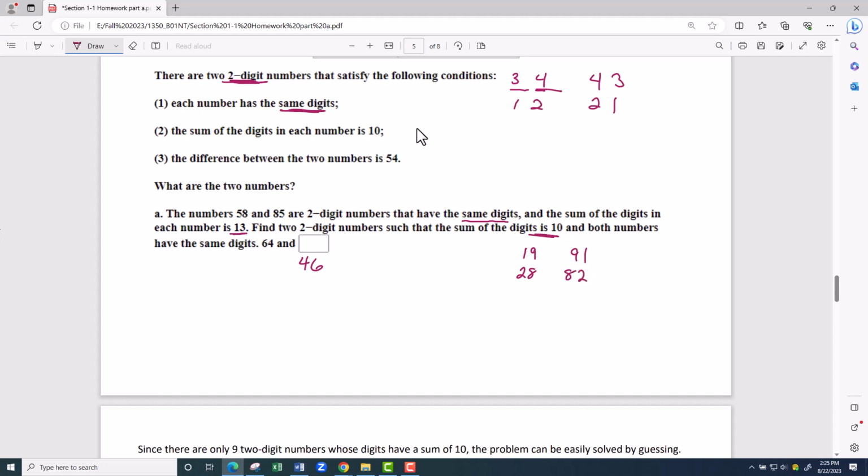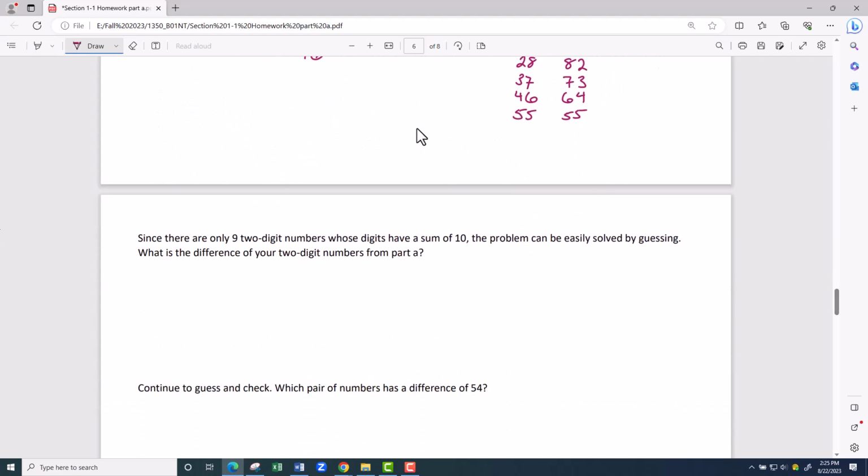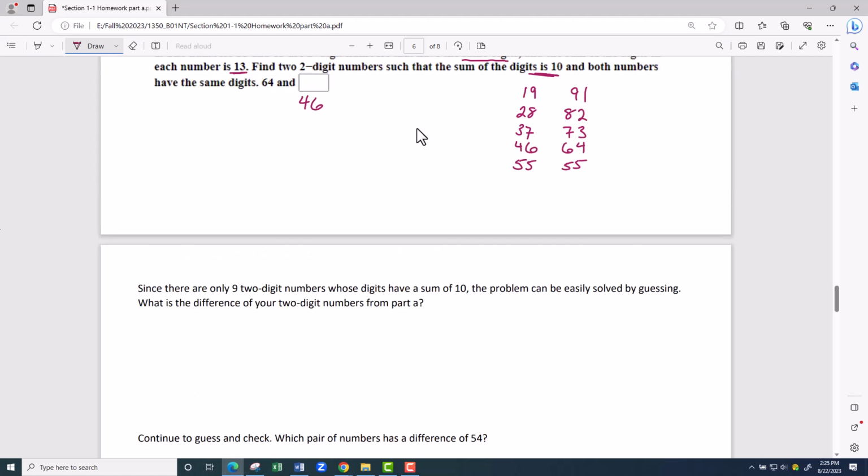Just 1 plus 9, 2 plus 8, 3 plus 7, 4 plus 6, and then 5 plus 5. Okay. So there are 9 two-digit numbers, because if you think about it, 1, 2, 3, 4, 5, 6, 7, 8, and then 55, which is its reverse of itself.